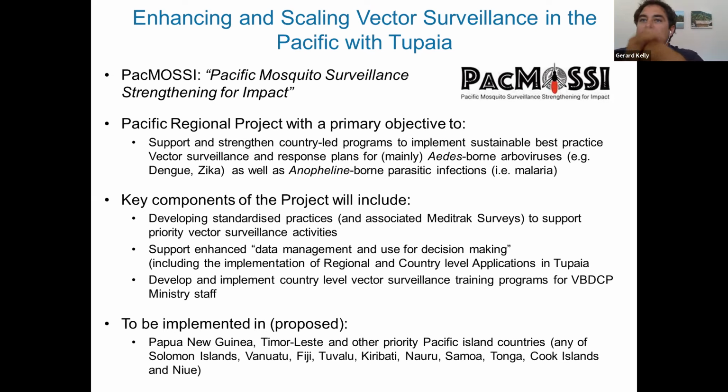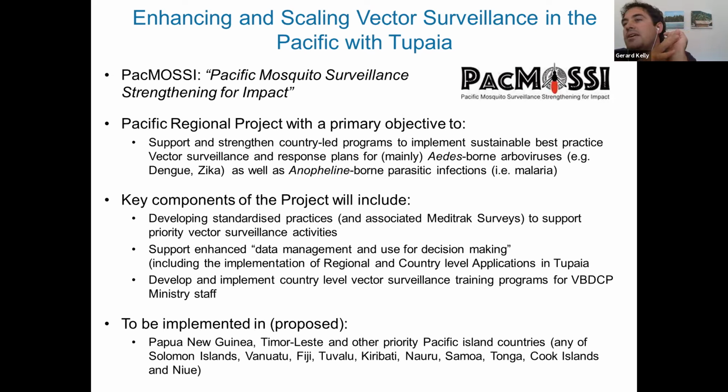Key components of this project are going to develop standardized practices and approaches to do vector surveillance, and I'll go through them in a second. So we're basically going to be designing Meditrack surveys to support these standard and priority vector surveillance packages or approaches. Again, this supports enhanced data management and use for effective decision making, at a regional and country level.